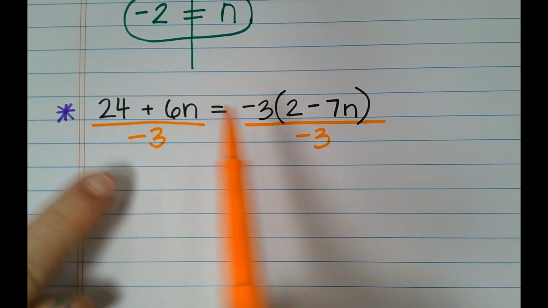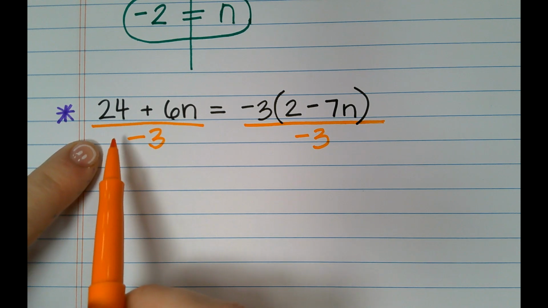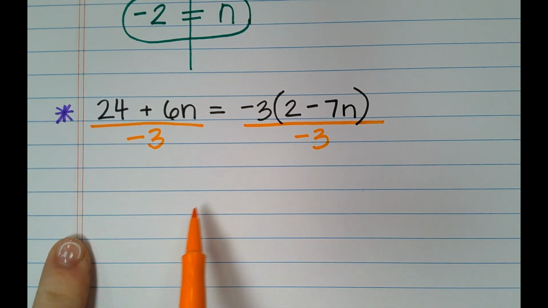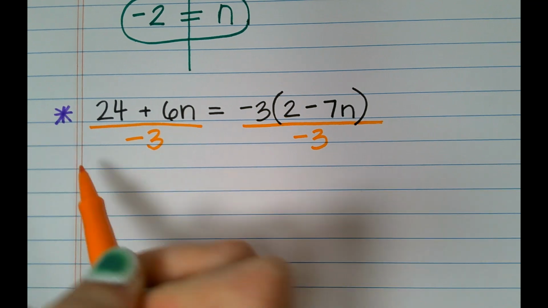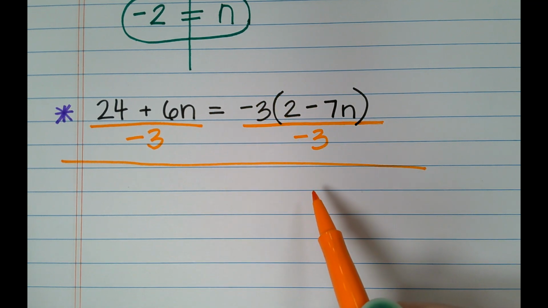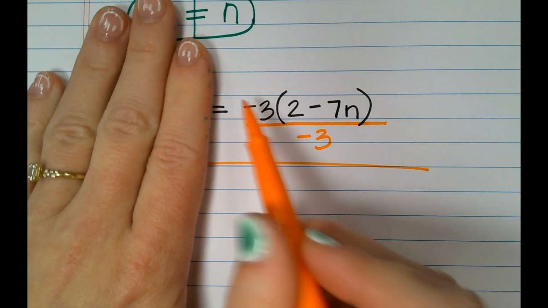But really all that's happening here is you're going to do 24 divided by negative 3 and 6n divided by negative 3. It's going to give you 2 new values. But let's start on the other side. So what's going on here? Yeah, let's start here first.